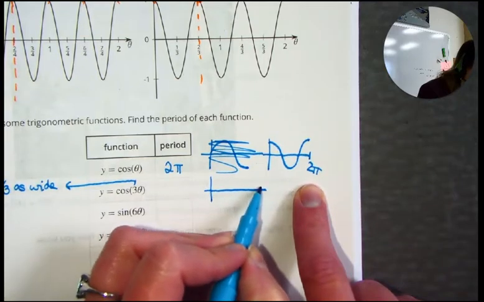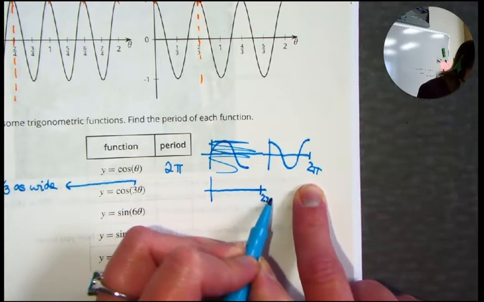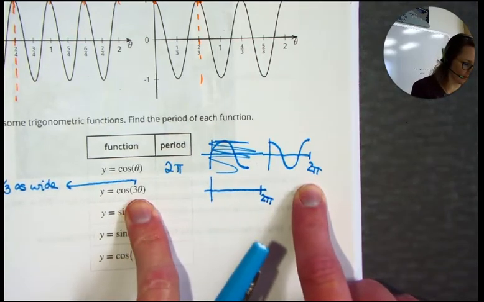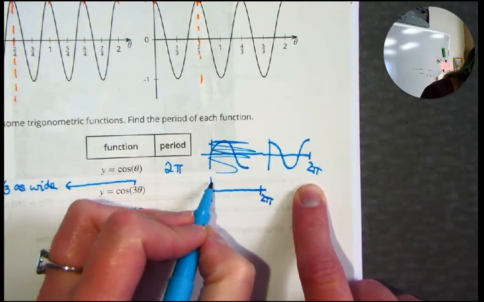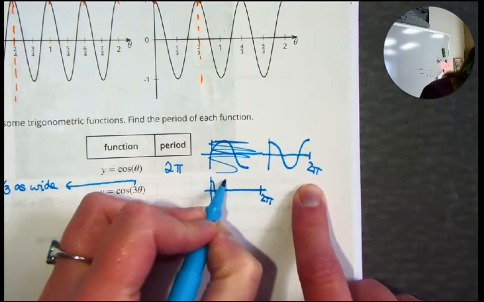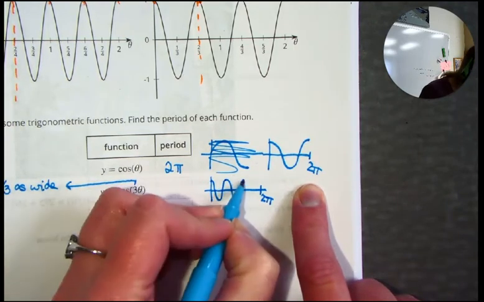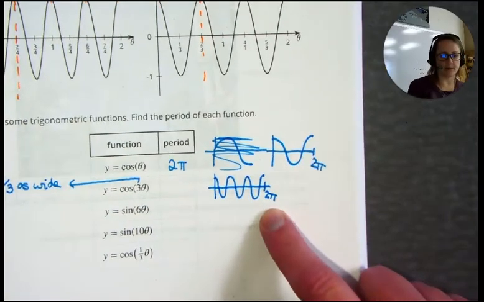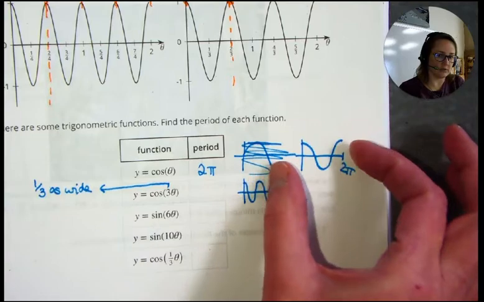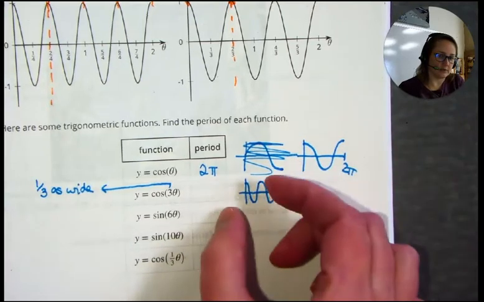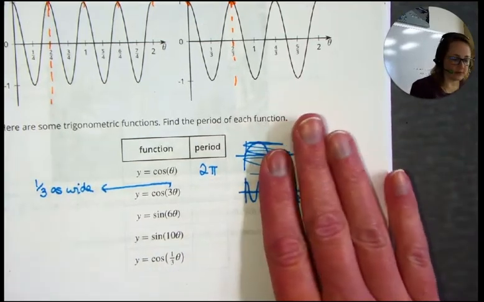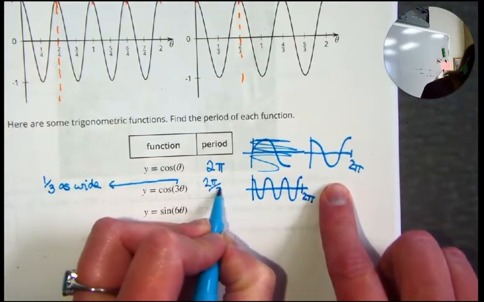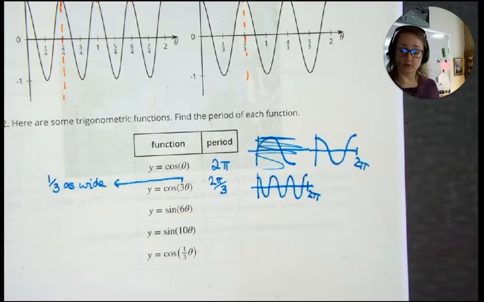So by the time it goes through 2 pi, it has gone through 3 cycles. We can think about that 3 as how many full cycles it's going through. So it's going to go through 1, 2, 3 full cycles in that same amount of pi. So it took that and squished it to be 1/3 as wide, a single cycle. Well, if it's squishing that 2 pi into 1/3 as wide, we would have a period of 2 pi over 3.